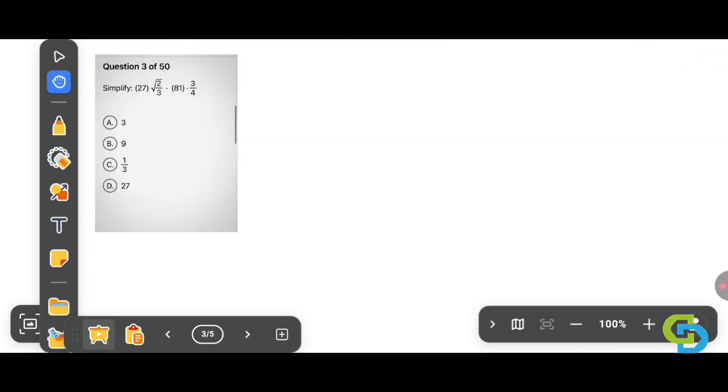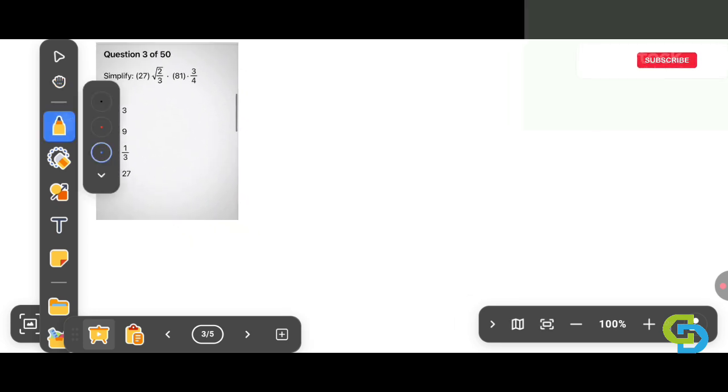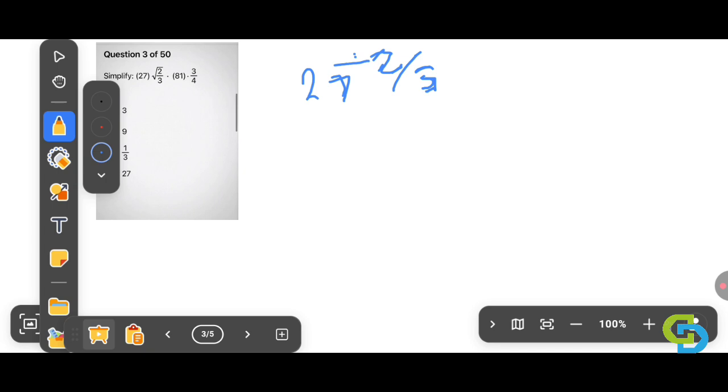It says simplify 27 raised to the power minus 2 over 3 times 81 raised to the power 3 over 4. So that's what the question is supposed to be.